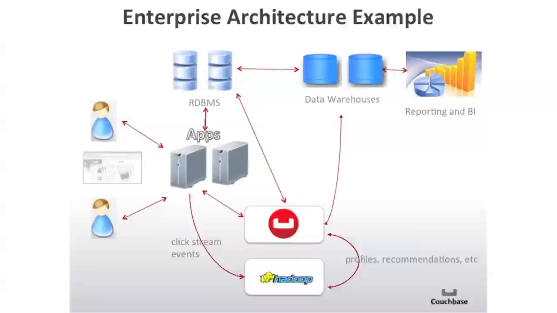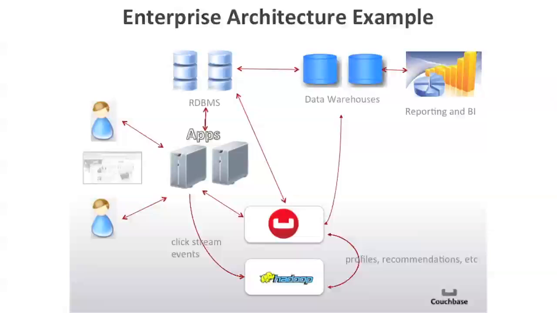To give you some more idea in terms of enterprise architecture, what we are seeing more and more in big enterprises is that before, it was just the RDBMS data warehouse and the reporting and BI applications to get the data from there. But now we are seeing that depending upon the use cases, some of the use cases fit well in the RDBMS still. Some of the use cases don't fit well there.